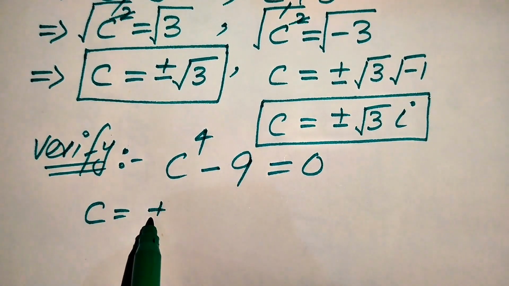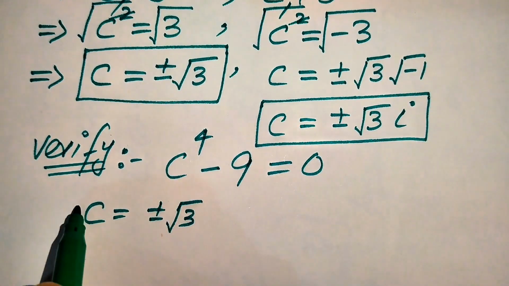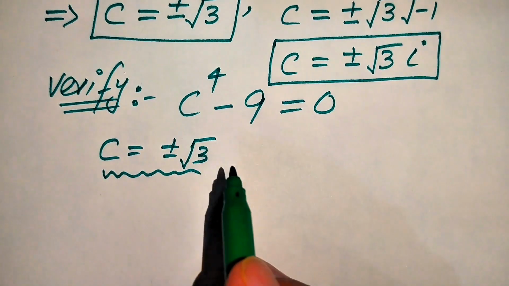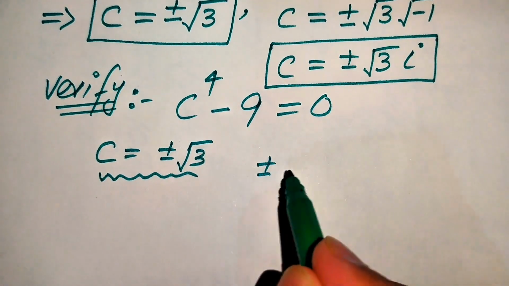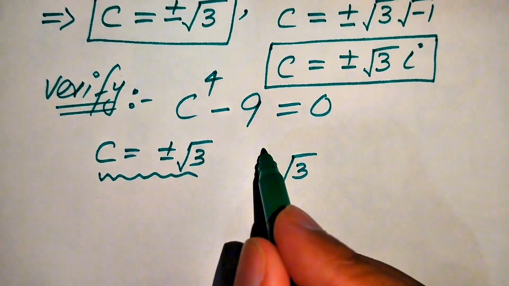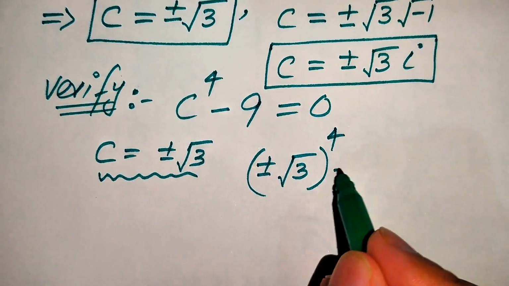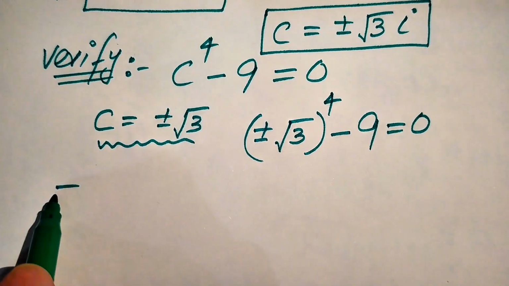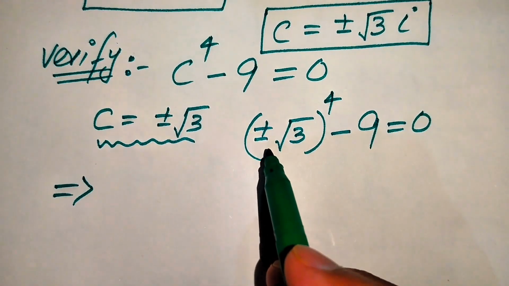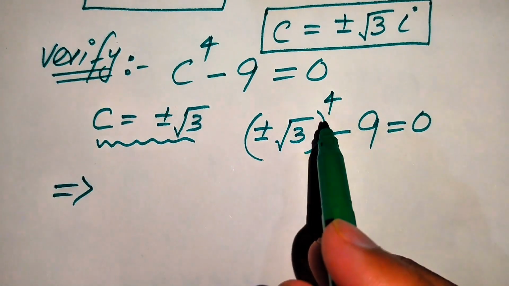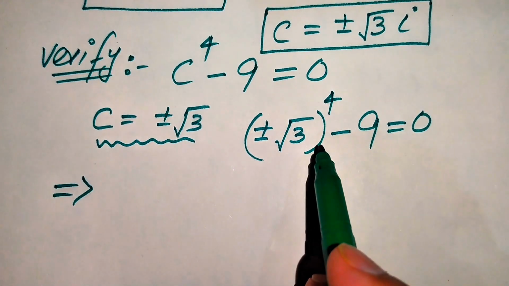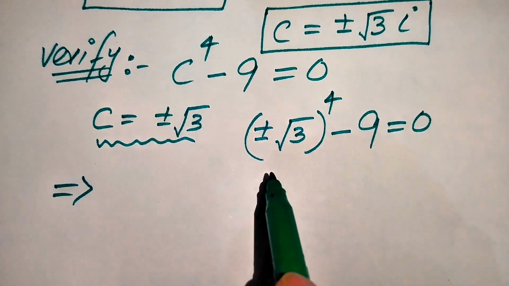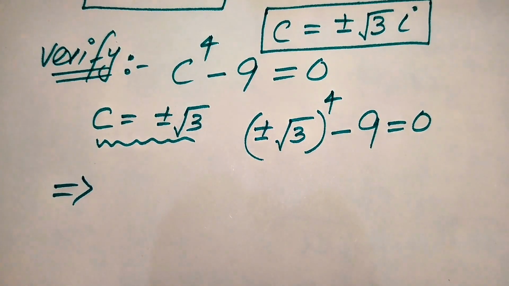Here I can substitute these two roots at the same time, so our above equation is written as plus minus square root of 3, and its whole power 4, minus 9 equals 0. Here we know that when the base is positive and its exponent is an even number, it becomes positive, and when the base is negative and its exponent is an even number, the negative sign converts into a positive sign.